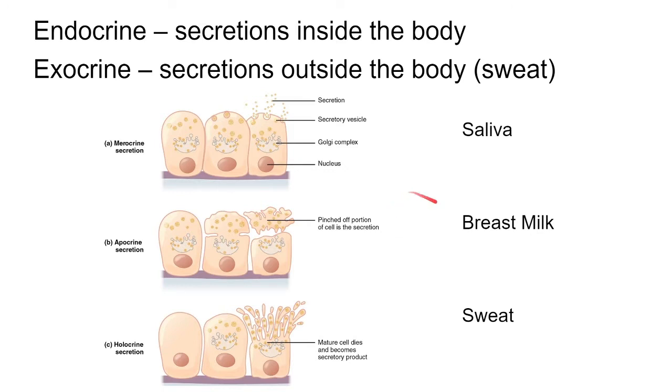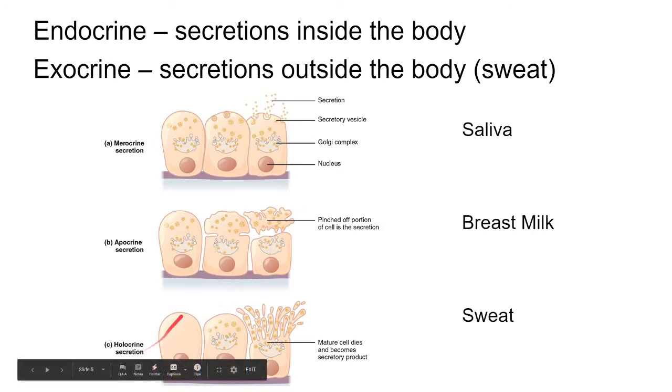So the exocrine types, you have merocrine, where little vesicles go up to the edge and get released out. You have apocrine, where pieces are pinched off and sent out. And then you have holocrine, where they just kind of expand out, and this would be like sweat.